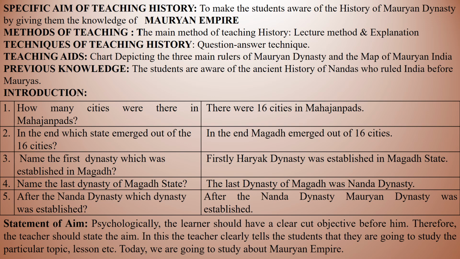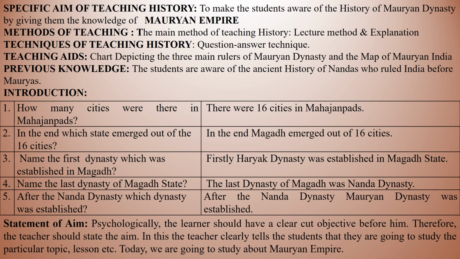The next question is: in the end, which state emerged out of the 16 cities? The students will answer: in the end, Magadh emerged out of 16 cities. The third question is: name the first dynasty which was established in Magadh. The students will answer that firstly, Haryanka dynasty was established in Magadh state.